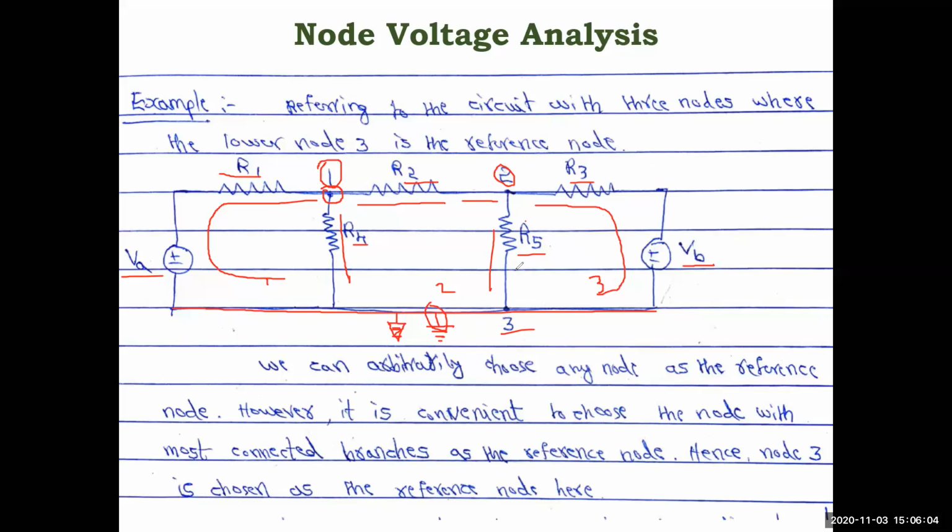In the network you are studying, you have two methods, and normally they will go for node voltage analysis. That's why this part is very important. Mesh analysis we have told you, and problem-wise it is also important, but in real-time circuit analysis, they prefer node analysis compared to mesh analysis.